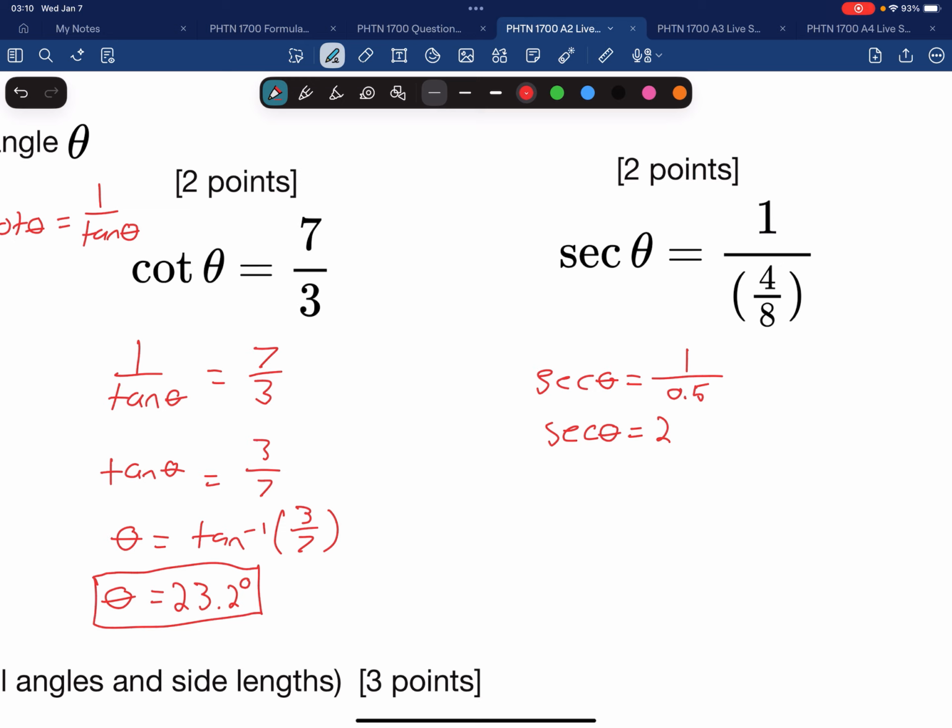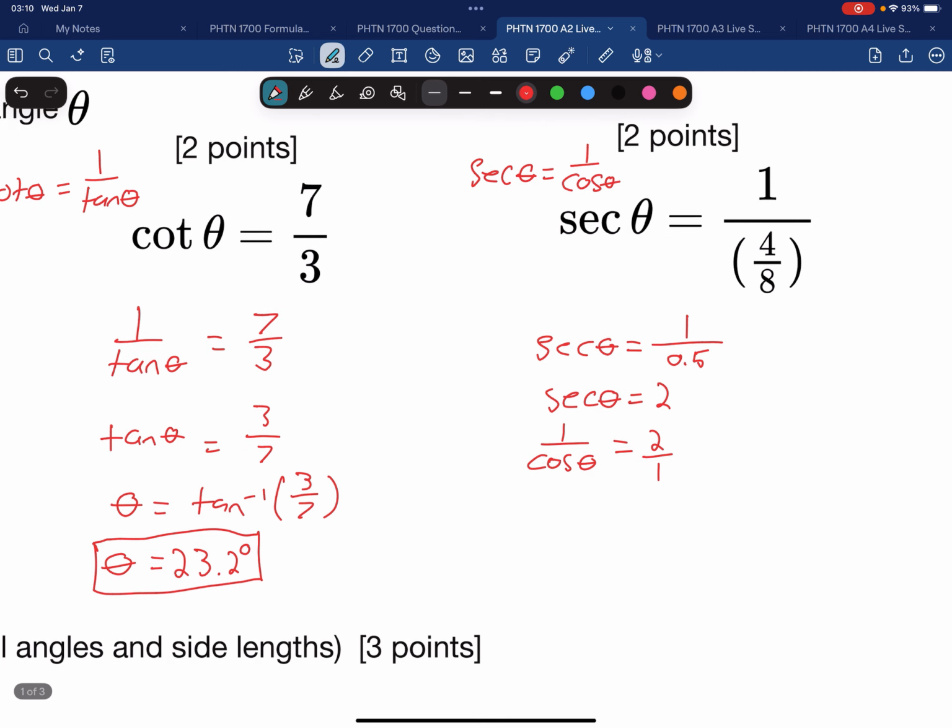Similar to the previous one, I know that the secant of theta is equal to 1 over the cosine of theta. So I'm going to go ahead and make that substitution on the left. And at the same time, I'm just going to write 2/1 here. 2 divided by 1 is still just 2, so I really haven't changed anything.